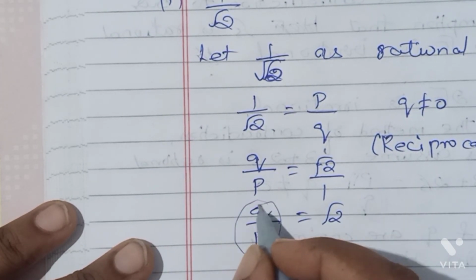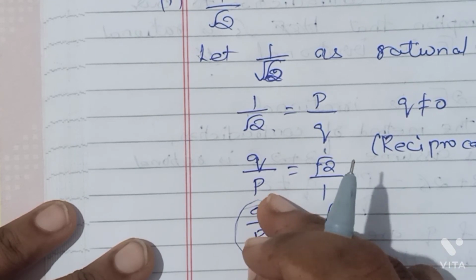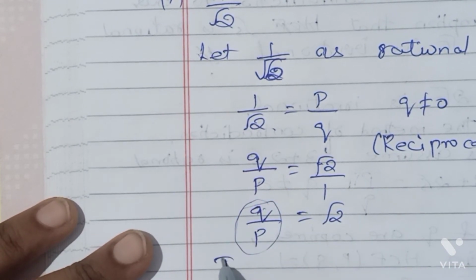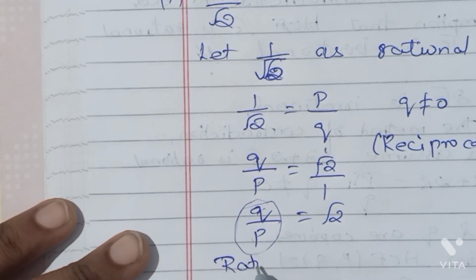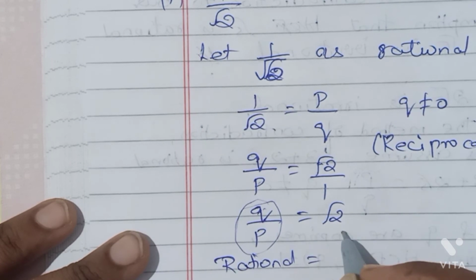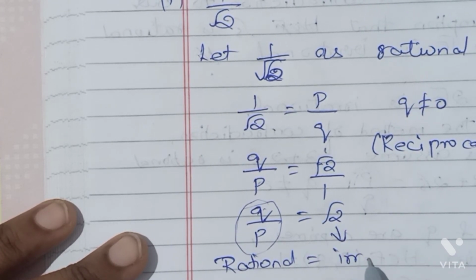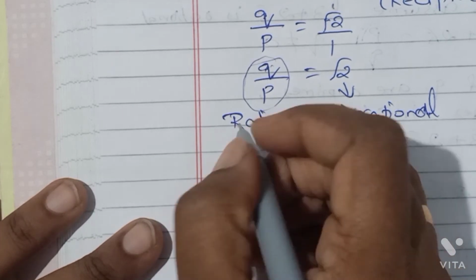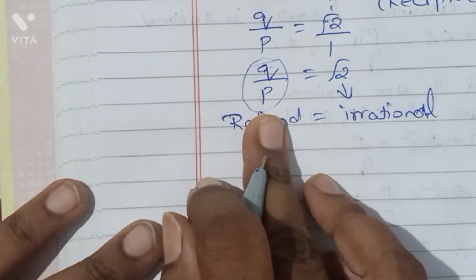So this is of the form p by q, some fraction, and both are not equal to 0. So this is rational. Actually what is root 2? We already proved that root 2 is irrational. So this is a contradiction. Rational cannot be equal to irrational.